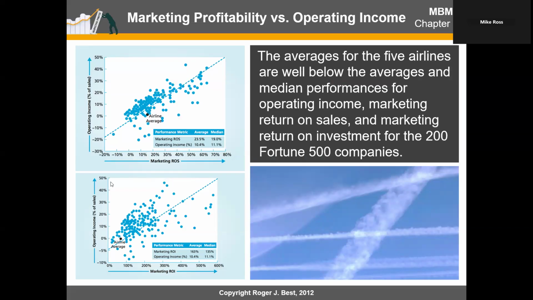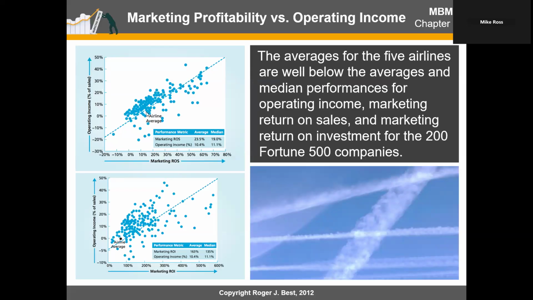So again, we go to our friend here, our two by two matrix, and here we're looking at marketing return on sales or return on investment on the x-axis, and then operating income on the y-axis. And what we see here is that there's a lot of variability.